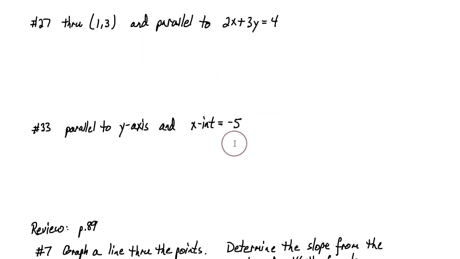Next, number 27. Let's make an equation, and we're given some information about a line. We're told it goes through the point (1, 3), and we're told it's parallel to the line from this equation. If it's parallel to this equation, then it will have the same slope. But what is the slope of this equation? Let's find it. Subtract 2x from both sides.